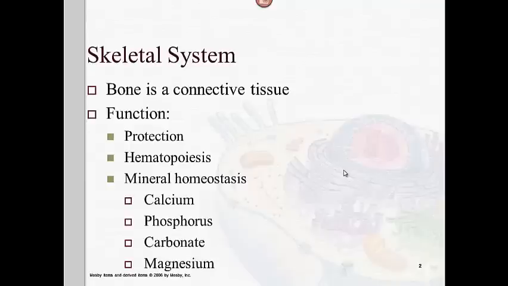Osteogenesis arises from mesenchymal stem cells that are found in large number in the periosteum. These are fiber-like layers on the outside surface of the bone in the bone marrow.